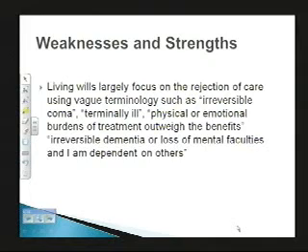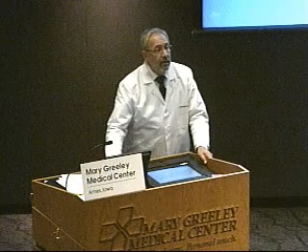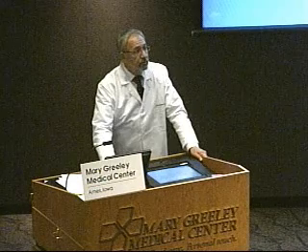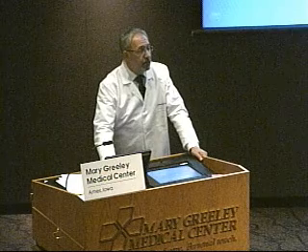Taking from the paper by the Emanuels, the weaknesses of living wills were recognized as soon as they were constructed, and for any of us who have looked at living wills, they are incredibly vague and difficult to say that they give providers or even family members very much direction.